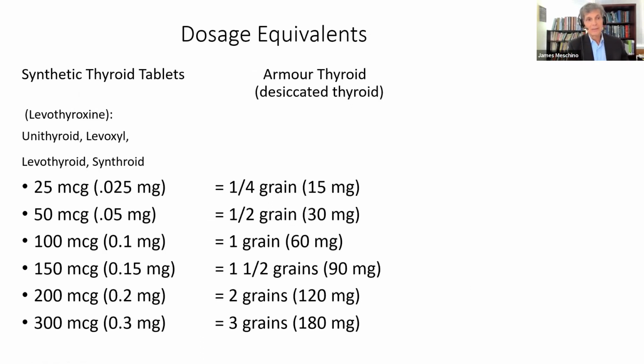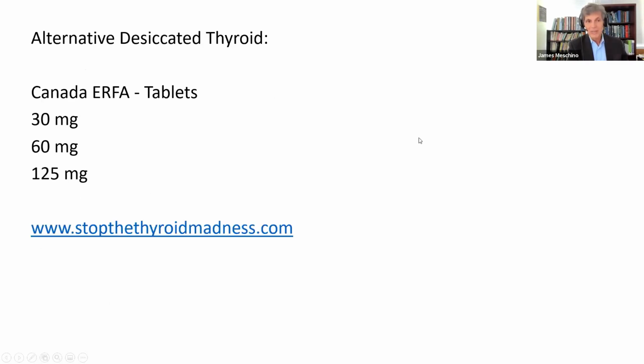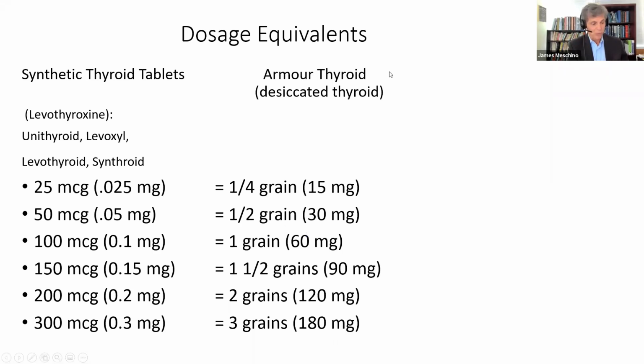So there's this company called Armour Thyroid. They make these desiccated thyroid tablets. The way that the functional medicine doctors convert the synthetic thyroid to the dose of desiccated thyroid is using this reference table. And in Canada, I don't think Armour Thyroid for a while was allowed here. Not sure if it is now.